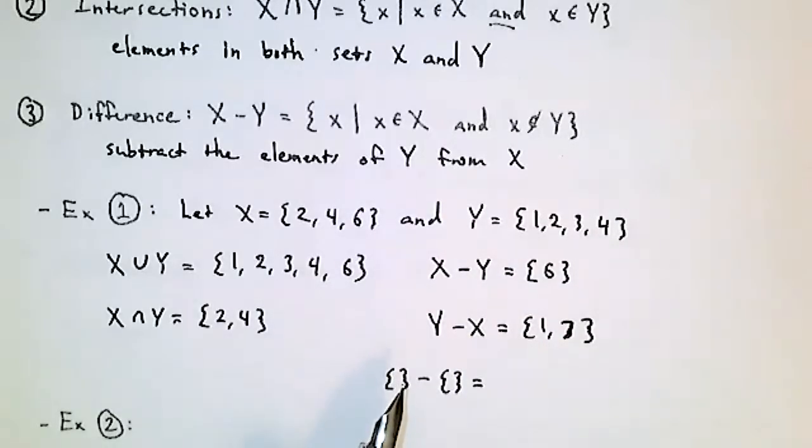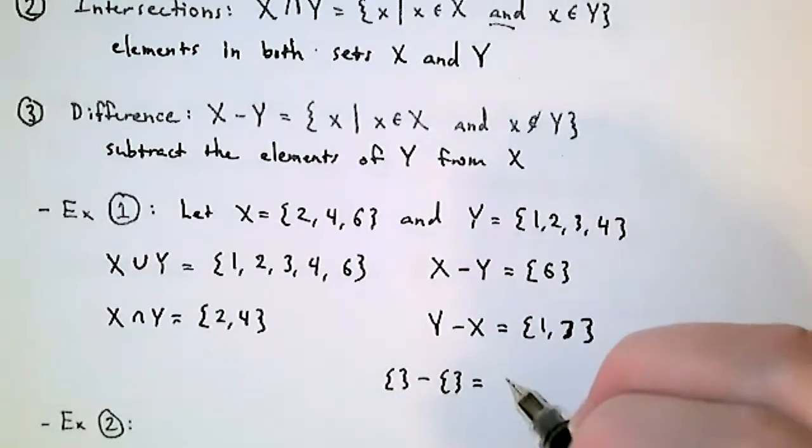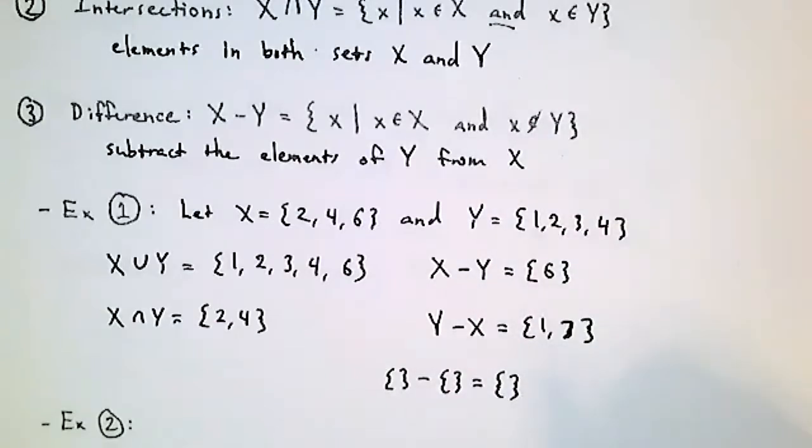So what we're looking for is to take away any elements that are in this set from that set. But since there aren't any elements in the empty set, we can't take anything away. So you still just have nothing left. So it's still just empty. You started with nothing, you're taking nothing away, and you still have nothing.